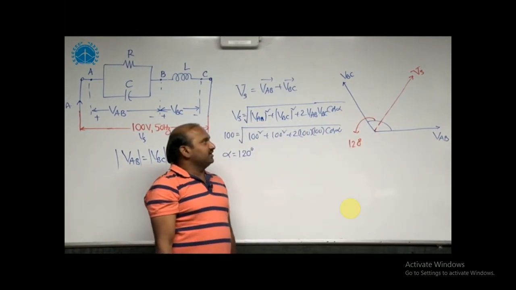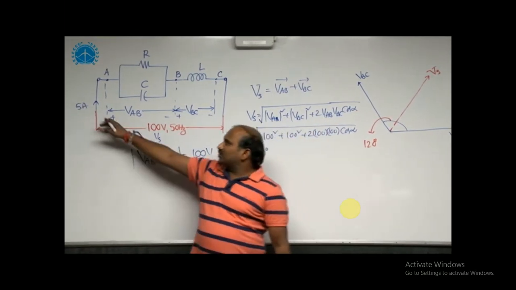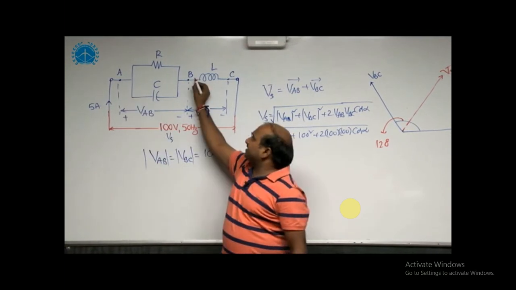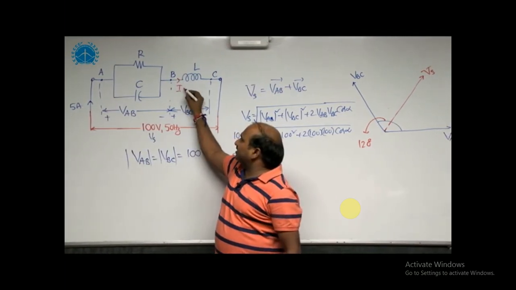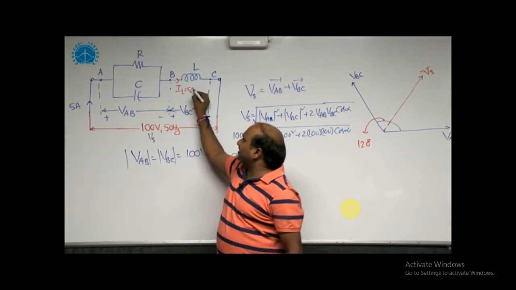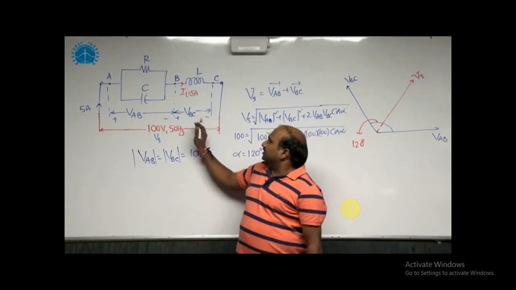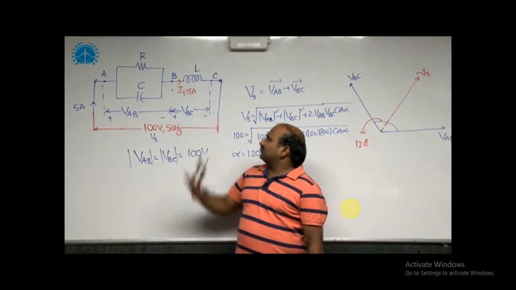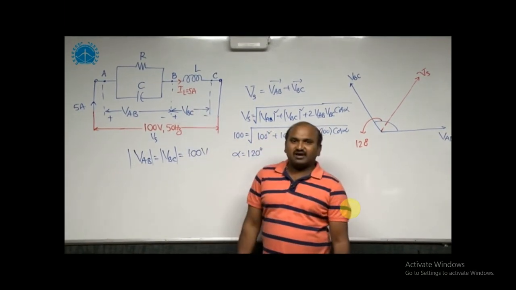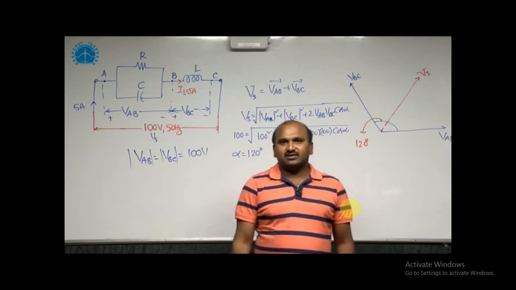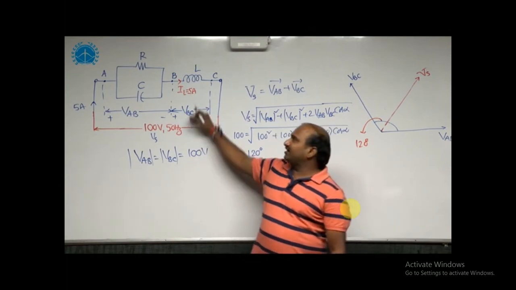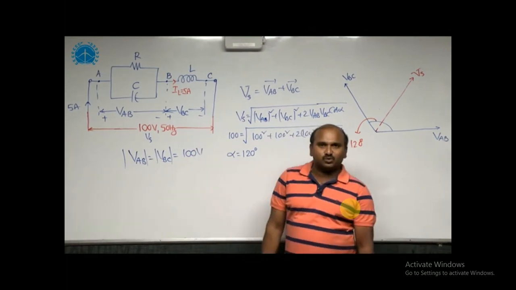Now here, the current passing through the total circuit is given, which is the same current existing in the inductor, IL is equal to 5 amperes. The voltage across the inductor is equal to VBC. You know that across a pure inductor, the voltage and current are displaced from each other by 90 degrees.